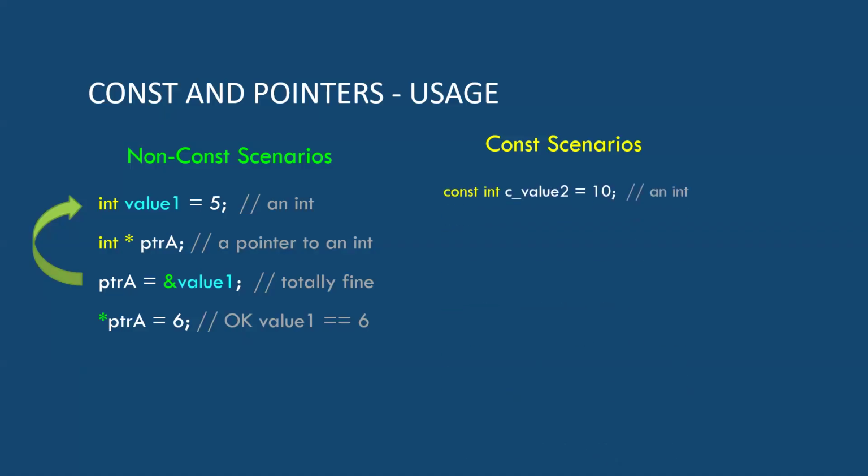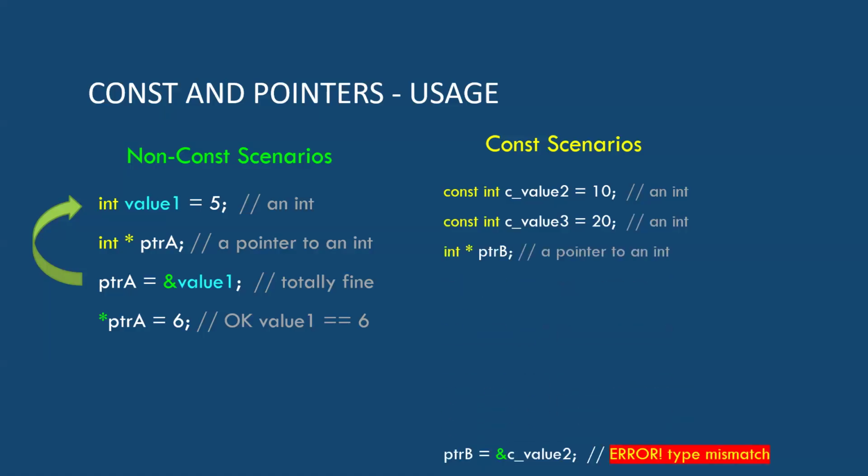And then here's our more complicated scenario: constant values. C underscore is often used as a reminder in variable names to say, hey, this is a constant variable. So if you see C underscore in some code on the internet, that's usually a sign that somebody has made that a constant variable, okay? So here are two constant variables, and then I got a pointer.